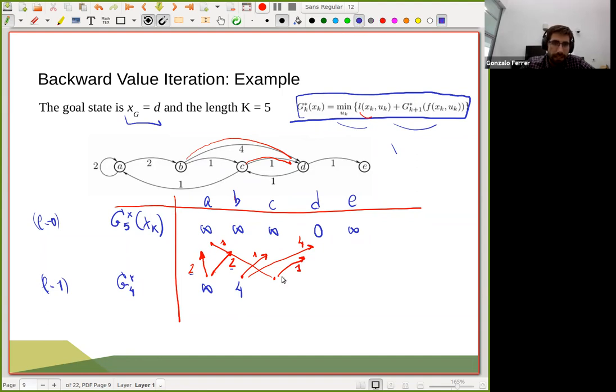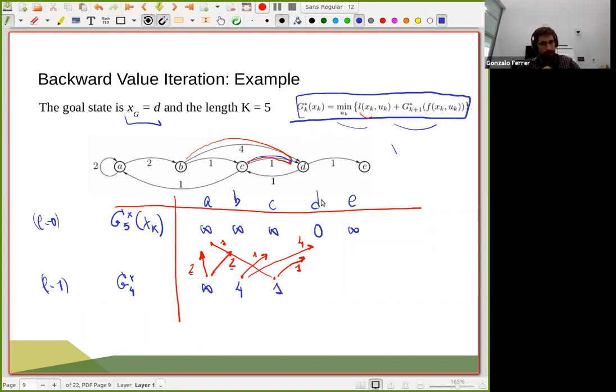Let's analyze the cost function that we can get here. It's kind of clear. This edge 2 plus infinity is going to be bad. No, you don't want to do that. But we have another solution that takes us to the goal, and it's this: an edge of value 1 plus 0. So then we have D.